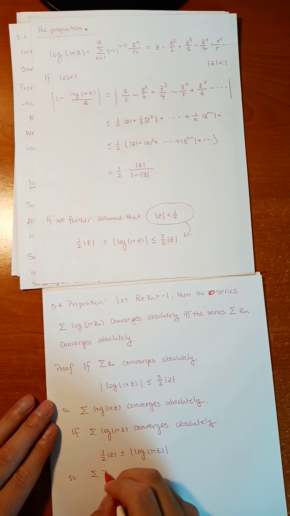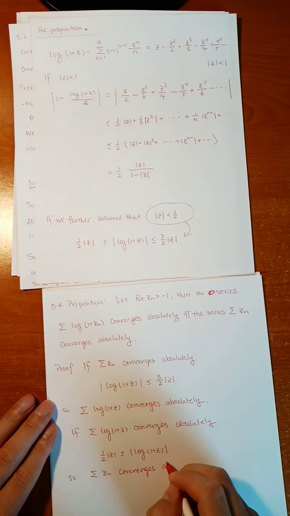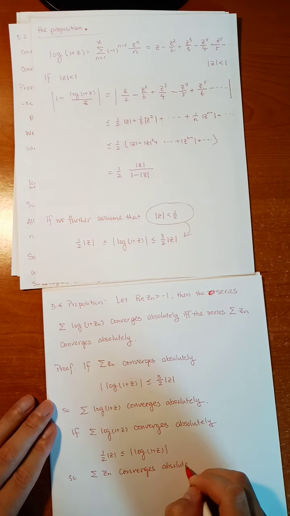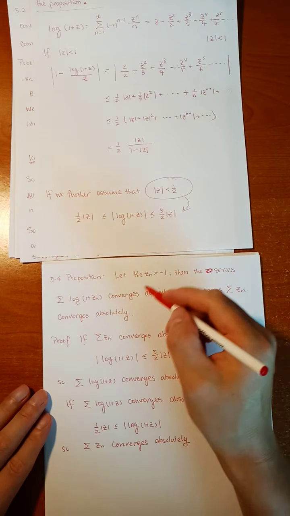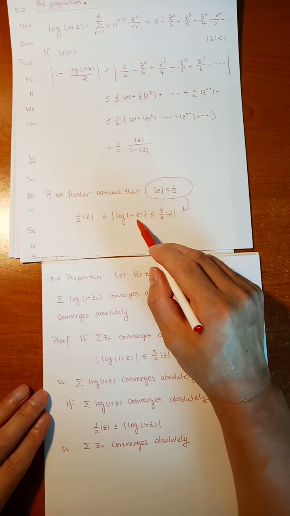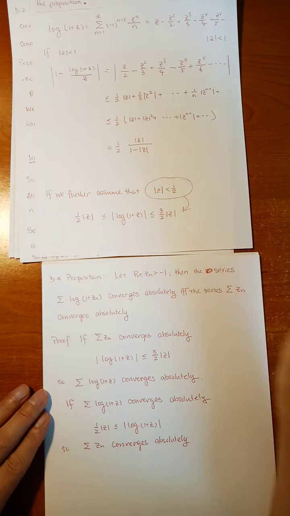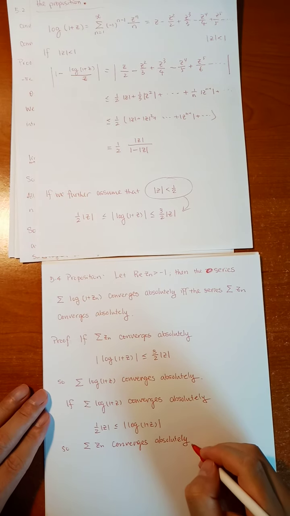So the series of z sub n converges absolutely. Right? Whenever you have some relation like this, you can say that the convergence properties of those two series will be equivalent. All right, so that's the proof.